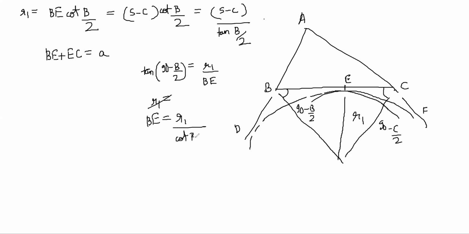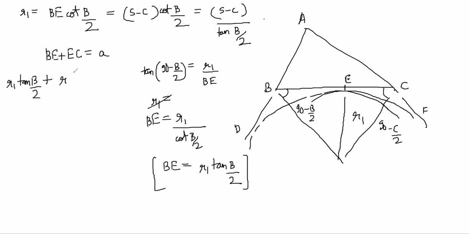R1 by cot B by 2, which is also BE is equal to R1 tan B by 2. Right? We have this relation, right? So this is R1 tan B by 2 plus CE will be R1 tan C by 2 is equal to A, right? So R1 will be A by tan B by 2 plus tan C by 2.